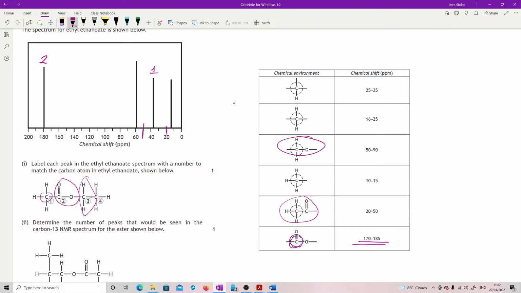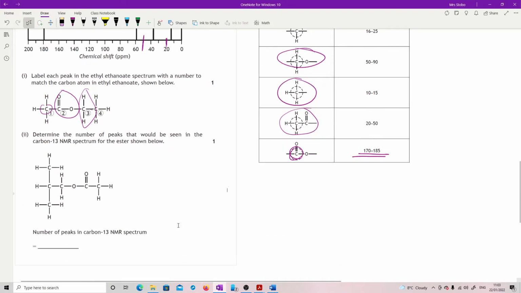Okay, 50 to 90, that must be this one in here. And my 4th carbon is a carbon with 3 hydrogens attached to a carbon. There we go, 10 to 15. So there's number 4. So it's a bit of work, but if you just spend your time not panicking, read it very carefully, it's all there. Okay, and that's the mark.